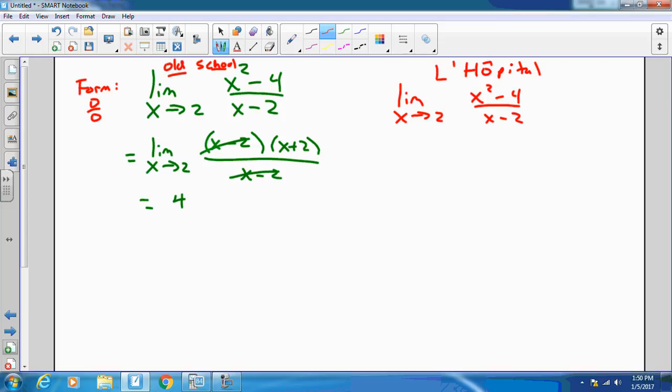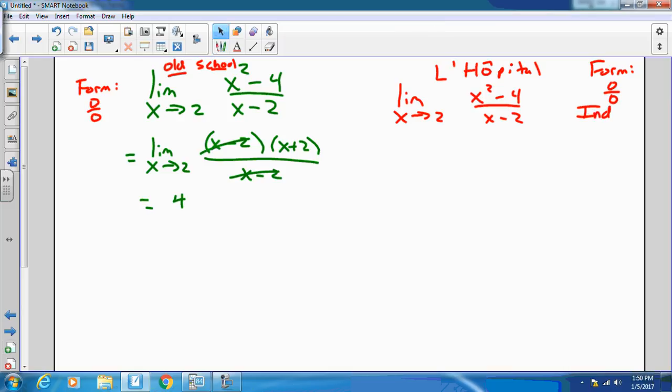Okay, so we begin with this. We check our form. And our form is 0 over 0. This means that our limit meets the condition of L'Hopital's rule. Whereas we have called this form before the indeterminate form, now we're going to be more specific.